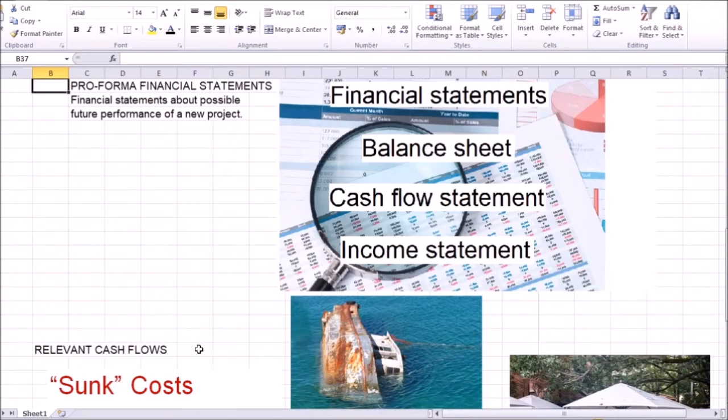You wouldn't put all of them into your formulas for NPV or the internal rate of return. For example, sunk costs are not included in the calculation of NPV and IRR. Sunk costs are the costs that do not change whether the new project is actually implemented or not, whether the company actually goes on with bringing the new project to life or not.